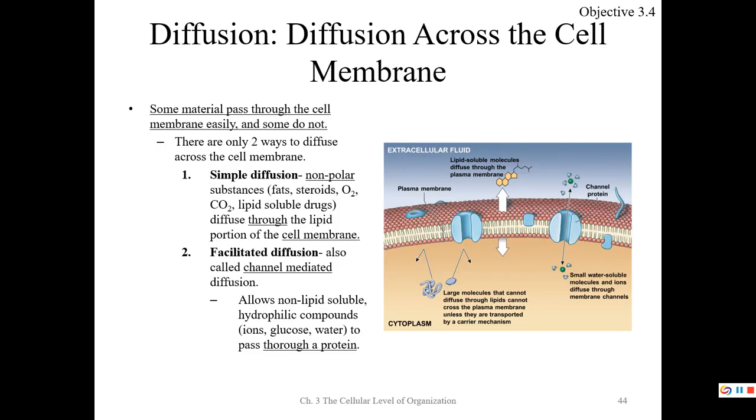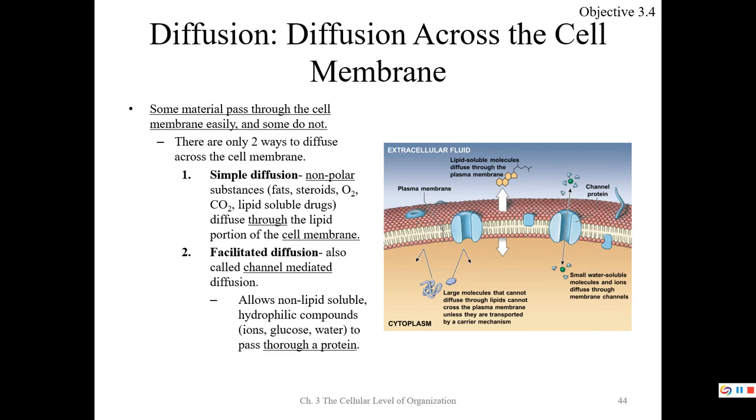Now, when you diffuse, you can go by what we call simple diffusion or facilitated diffusion. Simple diffusion is simply going through the phospholipid bilayer. This is things like fat, steroids, oxygen, carbon dioxide, a lipid-soluble drug, things like that. These all diffuse through the lipid portion of the cell membrane.